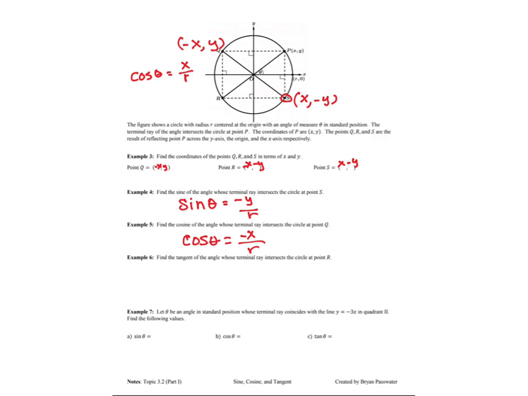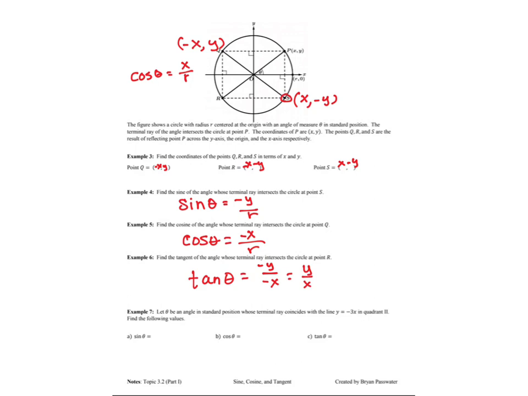Example 6. Find the tangent of the angle whose terminal ray intersects the circle at point R. Okay, so he says at R, negative y over negative x. I agree. Simplify: y over x. So in quadrant 3, tangent's positive again.